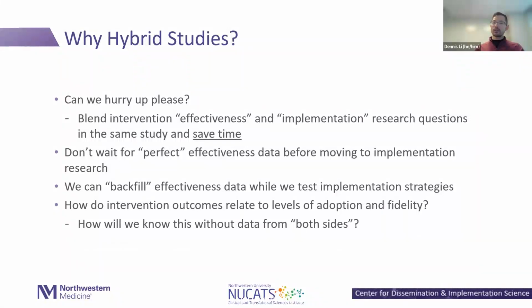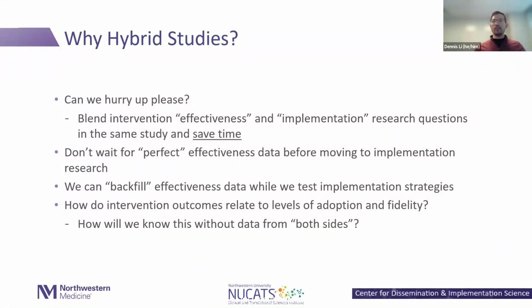Instead of the typical translational pipeline where we do efficacy research, then effectiveness research, and then maybe another effectiveness study, before you do implementation research, doing hybrids and getting effectiveness and implementation data at the same time saves time in the long run around that pipeline. So you don't have to always wait for that perfect effectiveness data before moving into implementation.